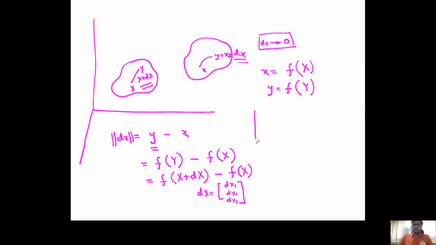Now what we are going to do is, let me go to the next slide and then come here. So what do we have? Dx is equal to f of x plus dx minus f of x.